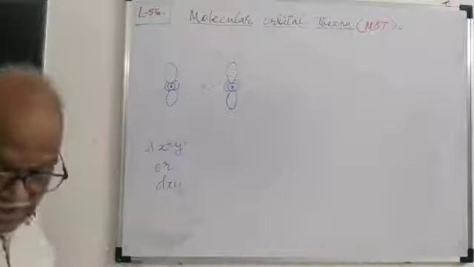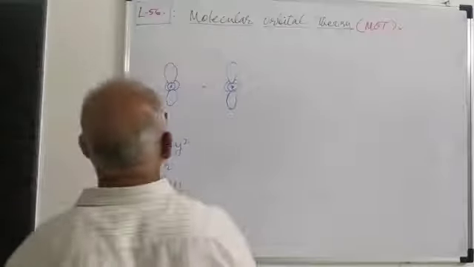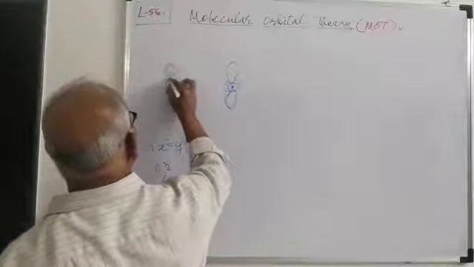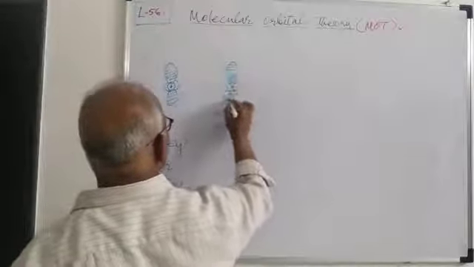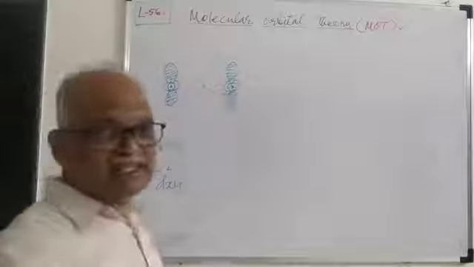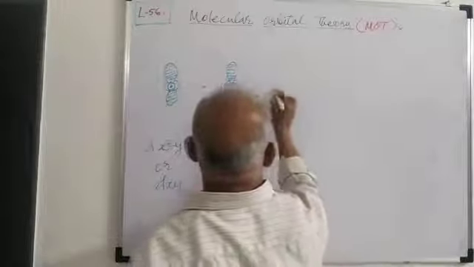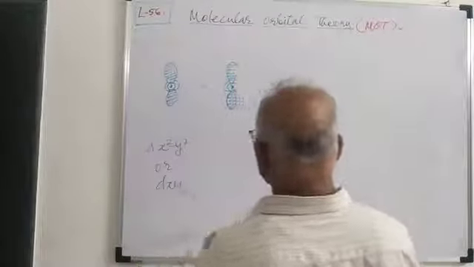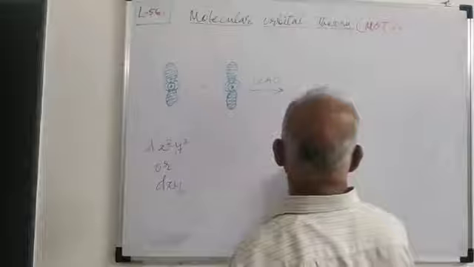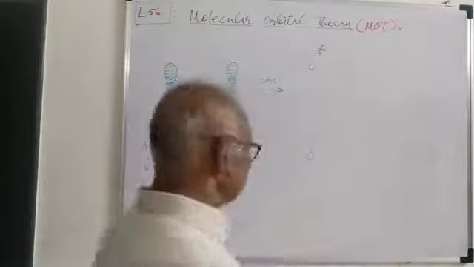So we can use the signs of wave functions in this way in order to distinguish between these orbitals. Say these are negative signs of wave functions, and remaining two orbitals have positive signs of wave functions. So after linear combination of these atomic orbitals, we will get this delta bonding molecular orbital and antibonding molecular orbital.